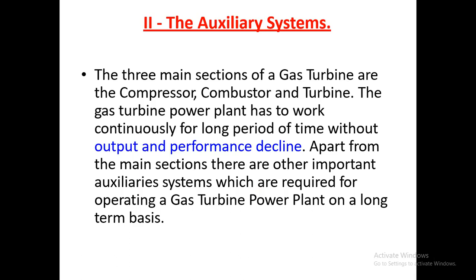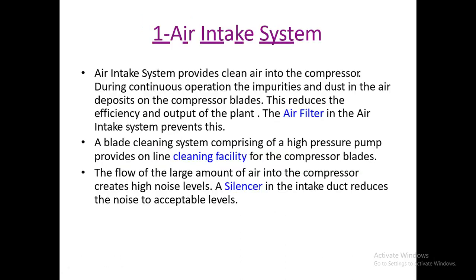The gas turbine power plant has to work continuously for a long period of time, which means 24 hours in a day and 7 days in a week. Apart from the main sections, there are other important auxiliary systems which are required for operating a gas turbine power plant on a long-term basis.